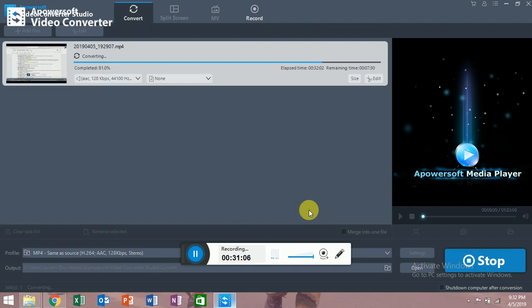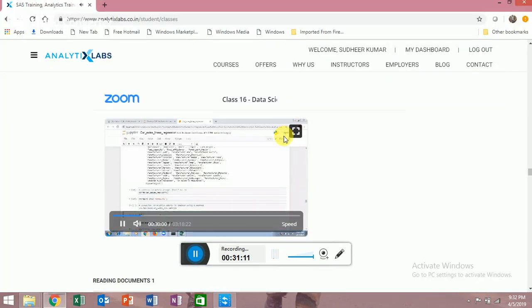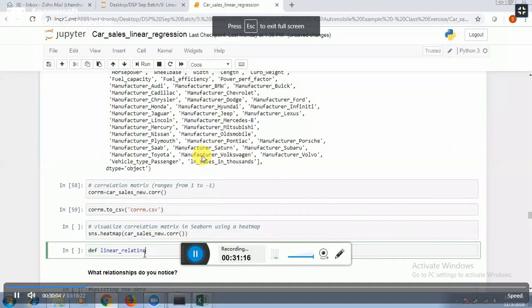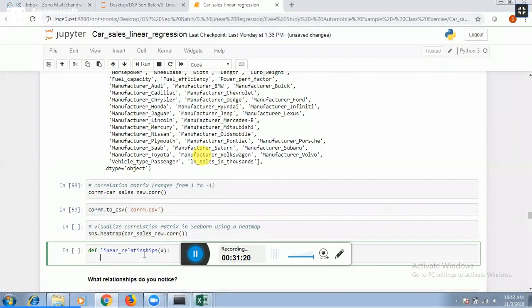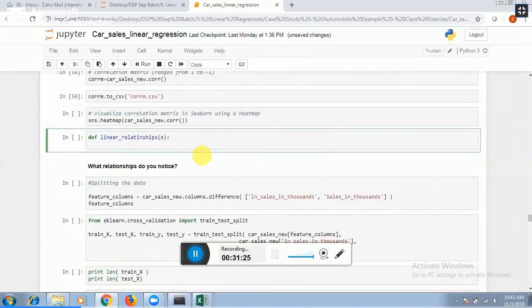Generally, for a given x, we check if the correlation is less than 0.1. But even if a variable has a higher relationship, it is still always good to check if any other transformation gives you a higher correlation.